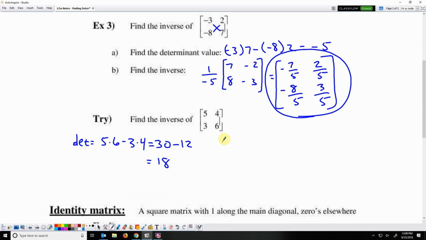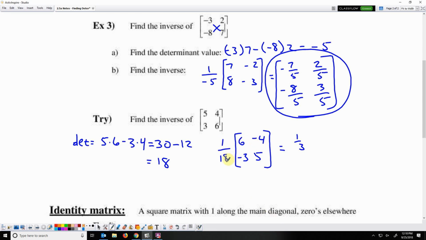Okay, so now I use the reciprocal of the determinant, 1 over 18, and multiply that as a scale factor by this matrix with the main diagonal switched, so the 5 and 6 switch places, and opposite signs on the secondary diagonal, -3 and -4. So I've got 1/18 times 6, so that's 6/18, and that simplifies to 1/3.